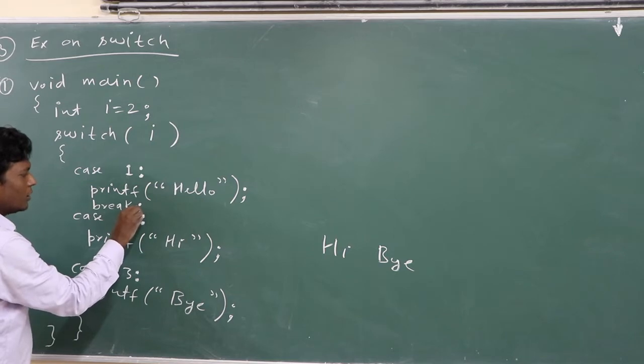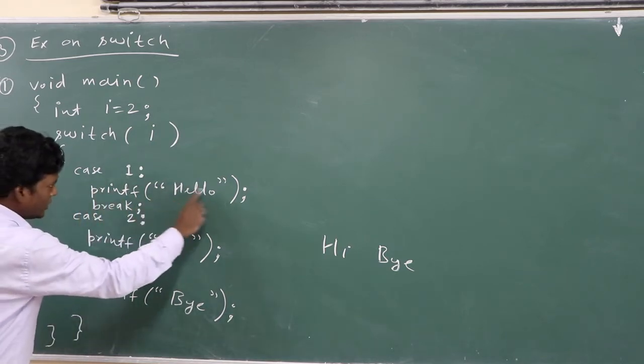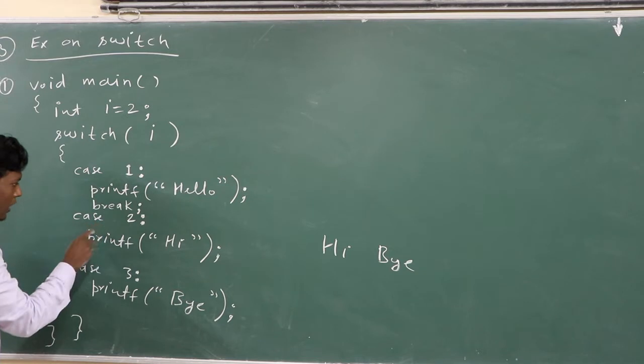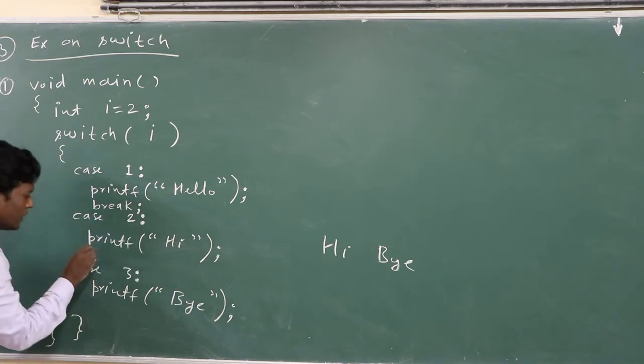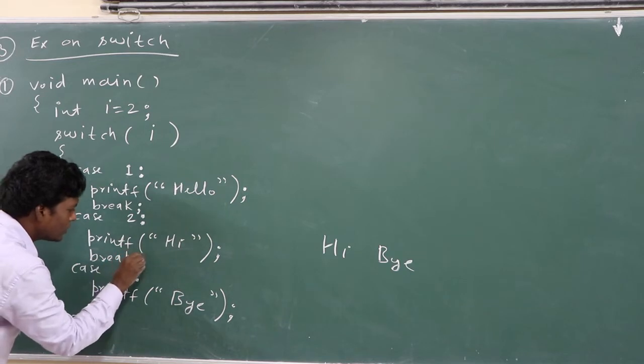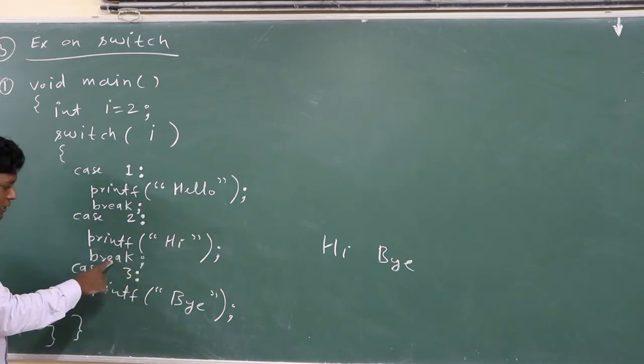There is semicolon. A statement is always terminated by semicolon. So case 1 has two statements, and case 2 has a single statement, but we also write here the break keyword, semicolon. Now it also has two statements.